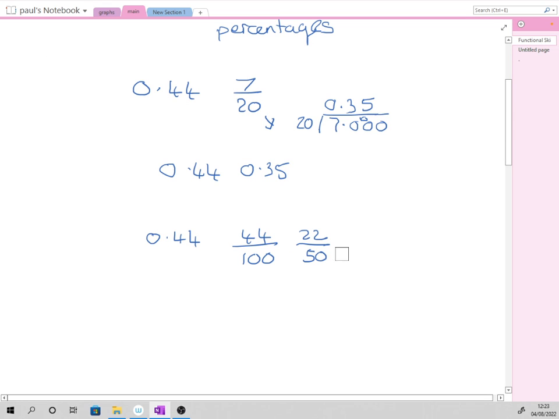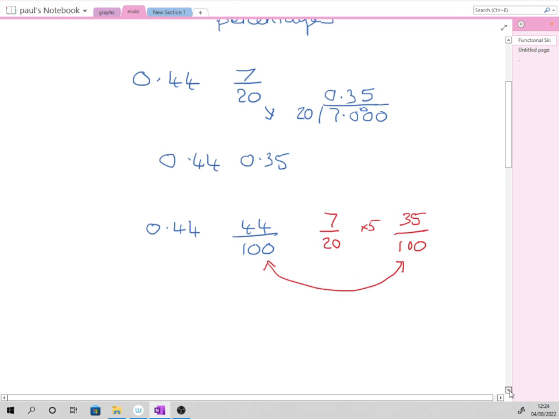So we're going to have to bring down the other number, 7 over 20, and multiply both top and bottom by 5 to get 35 over 100. And now I can compare these two. That was a little bit more awkward than changing to decimals. So you've got to change it into the same thing. Once you change it into the same thing, then you can compare.